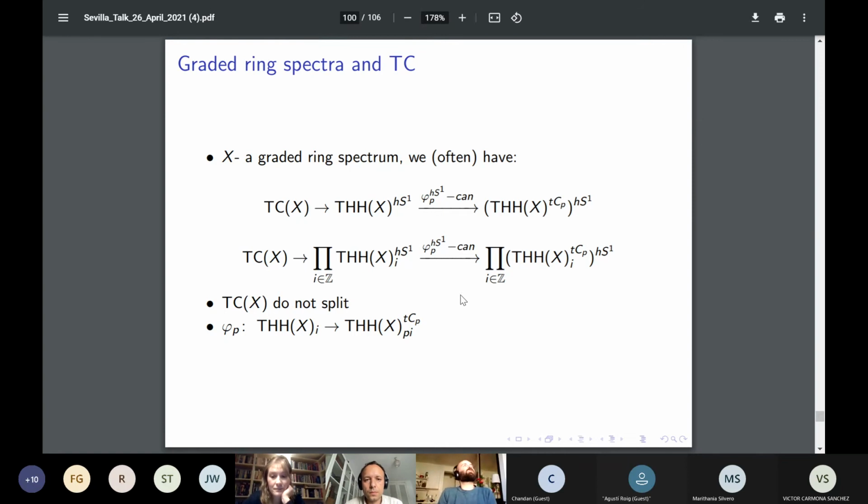Yeah, it's interesting. So most of the things take place in the infinity category of spectra as much as we can. But when we are showing that this thing is a graded ring spectrum, we needed to have an explicit description.